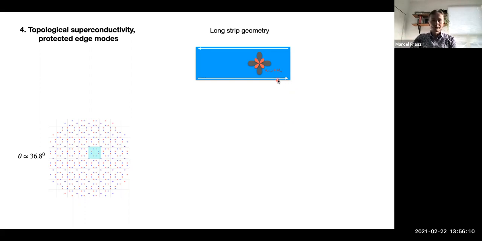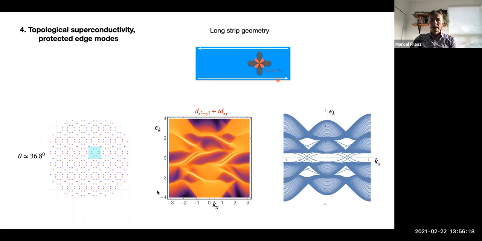So just to confirm that our model has the right ingredients to show this, we put it on the lattice. We choose a commensurate twist such that there is a relatively small unit cell, and we can actually solve everything now numerically, because it's no longer just a 4x4 matrix. These are 20x20 matrices, but we can easily diagonalize them numerically.